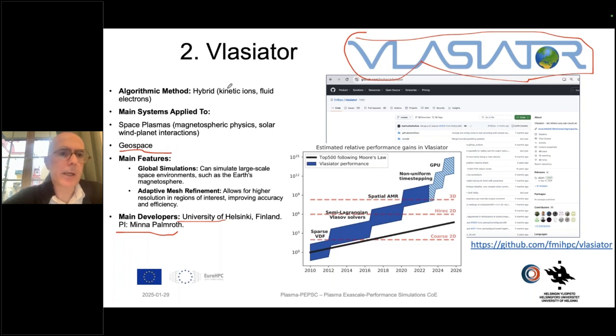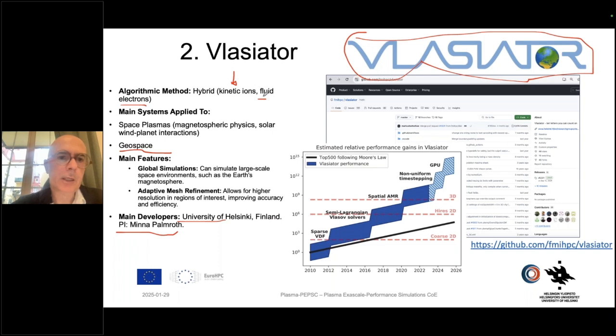It uses a hybrid technique where the protons themselves, often called the ions in the plasma physics community, are modeled through the evolution of the distribution function. So instead of using particles, in this case we are using the discretization of the hybrid-Vlasov equation, which describes the evolution of the distribution function. And the electrons are described not with a distribution function, but more like a fluid.